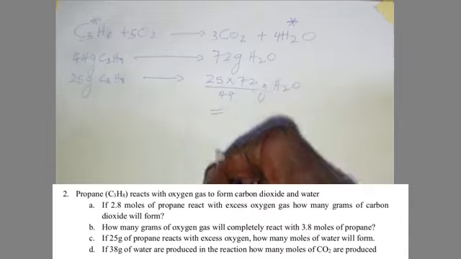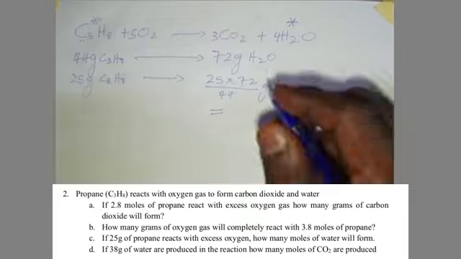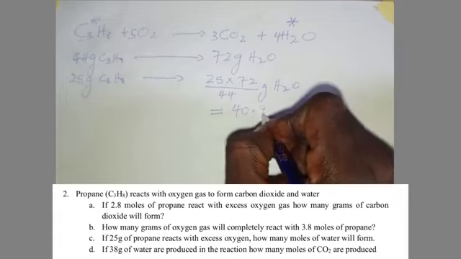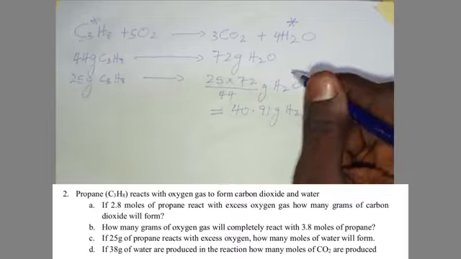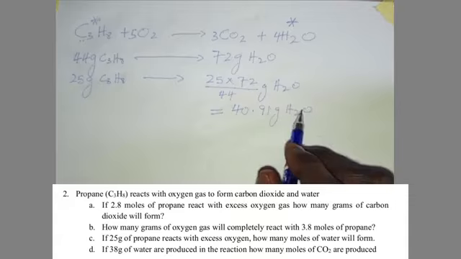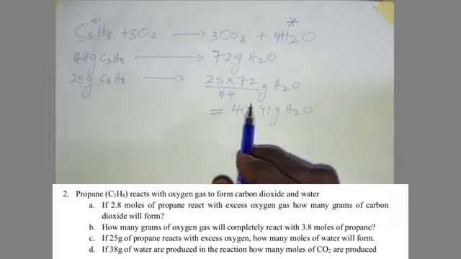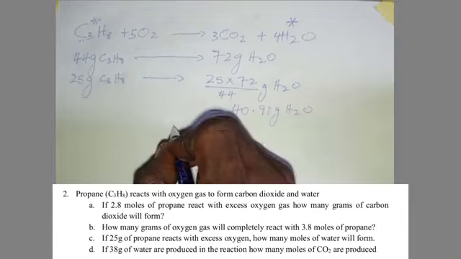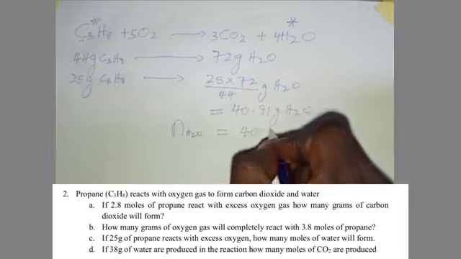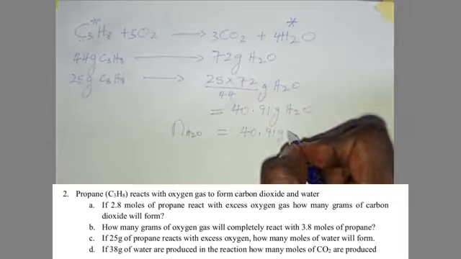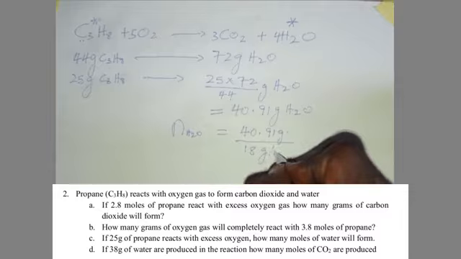So we solve this, and that gives us 40.91 grams of water. But the question is asking us how many moles of water will be formed. So we're going to convert this to moles. And how do we do that? We're going to divide the mass we just got by the molecular weight of water. So the number of moles of water is equal to 40.91 grams of water divided by the molar mass of water, which is 18 grams per mole.